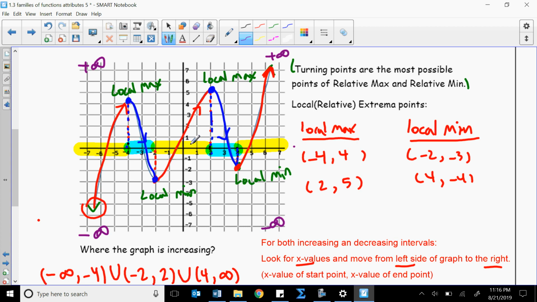So I can say as x is increasing, going to infinity, my y is going to positive infinity as well. And then here on the left side, x is decreasing, going backward to negative infinity. What is my y doing? It's going to negative infinity. It's decreasing, going down.